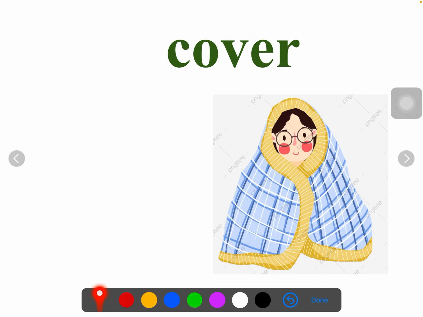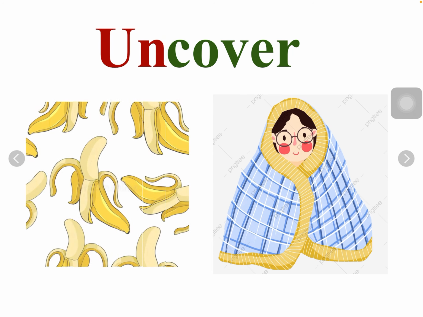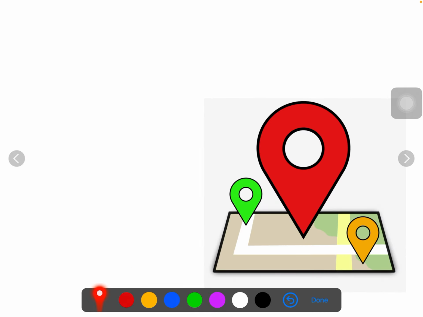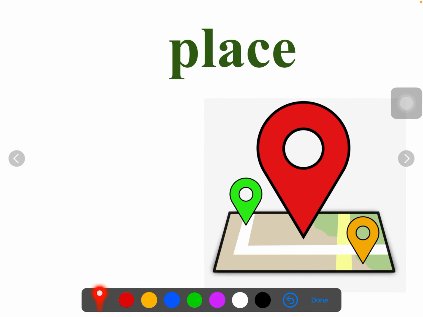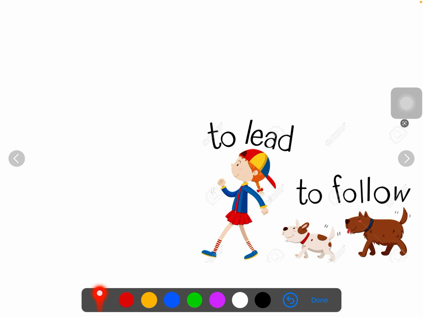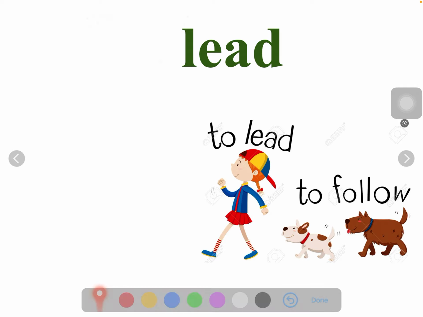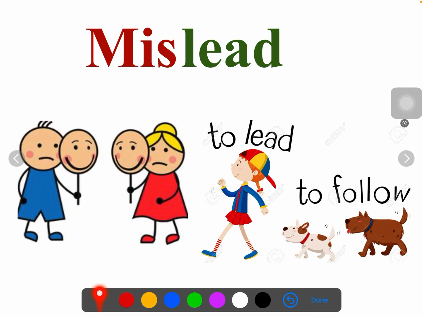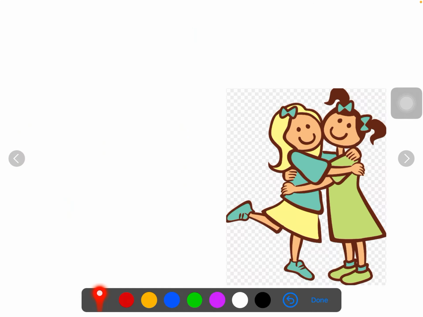Cover, what does it mean? But when you say uncover, like the banana, uncover, remove the cover. Then we have place, what does it mean? But when you say misplace, being lost, misplace. Then we have lead, to follow, lead. By adding the prefix, mislead means also being lost, mislead, like the picture.